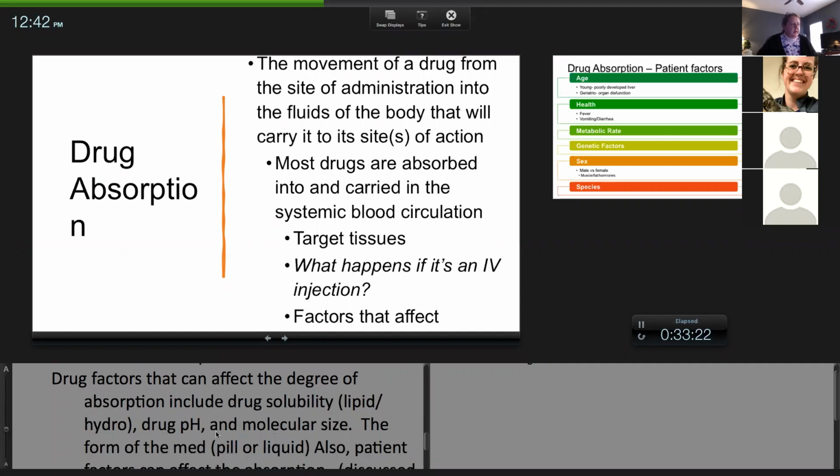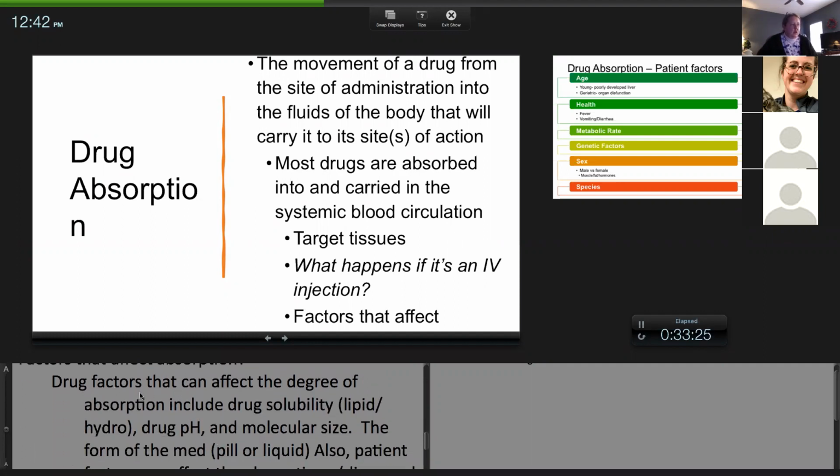So what affects absorption? Well, the drug itself. If it's lipid, you guys remember when I talked to you about diazepam? Diazepam is not water soluble. So I said, if you give it in the muscle, it's not going to damage the muscle, but the problem is it doesn't travel well.